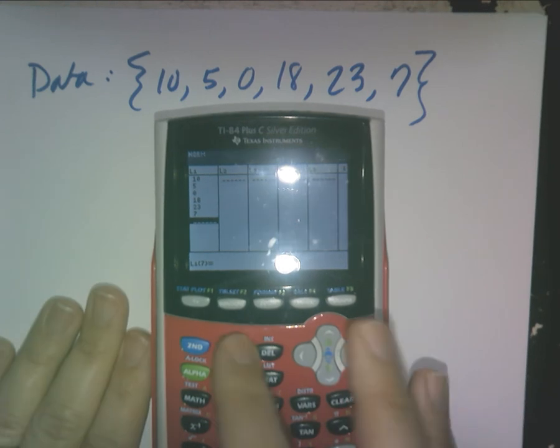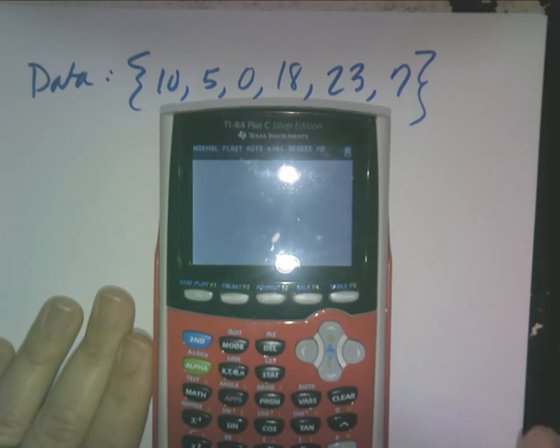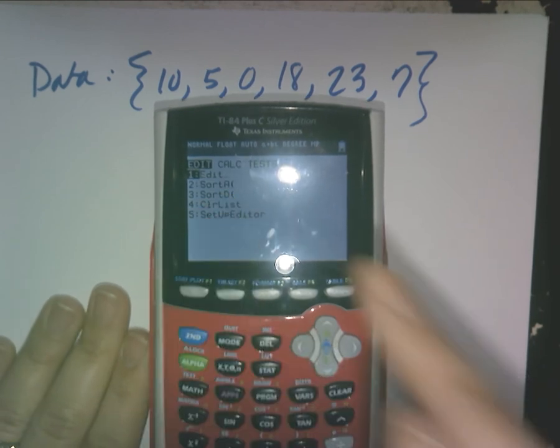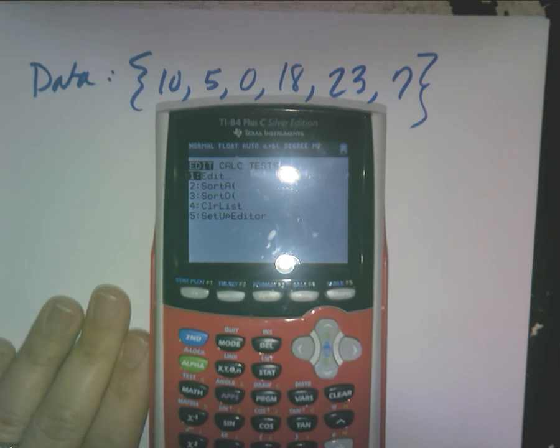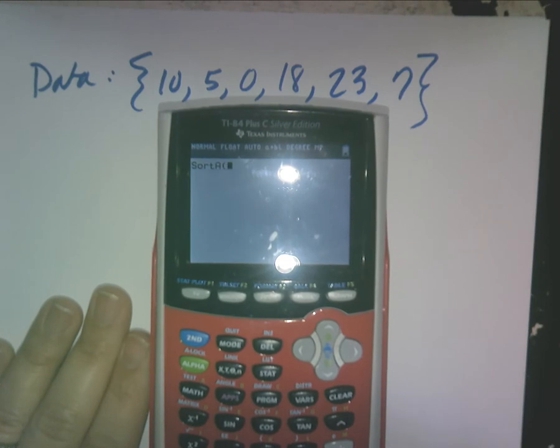So go back to the home screen. Go back into Stat, and you will see Sort A, Sort D. Do you see those two phrases? So what do you think that means? That means sort ascending or sort descending. I'm going to choose ascending. Hit enter.